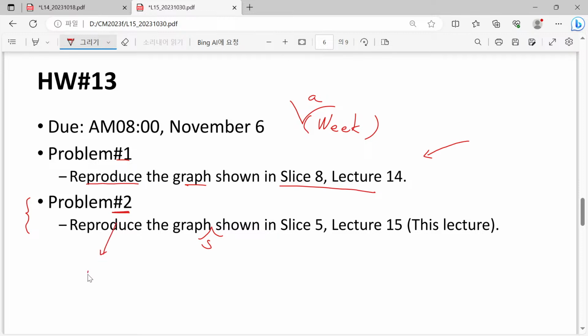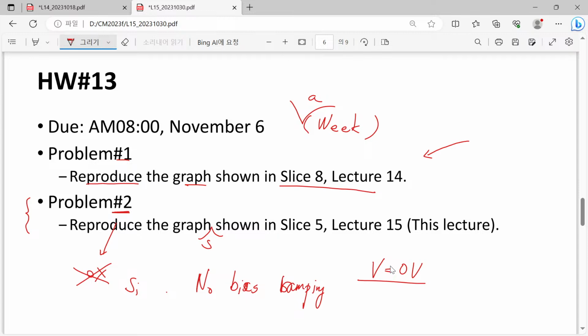It doesn't have any oxide, only silicon, and the boundary condition is much easier than problem number 1, and there is no bias ramping. You can just solve the system where the applied bias is just 0 volt.